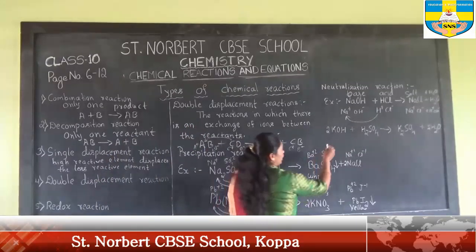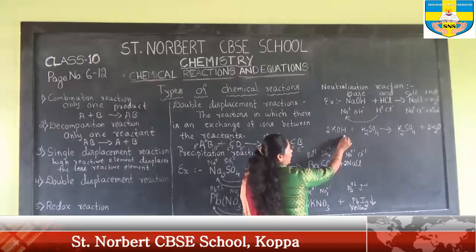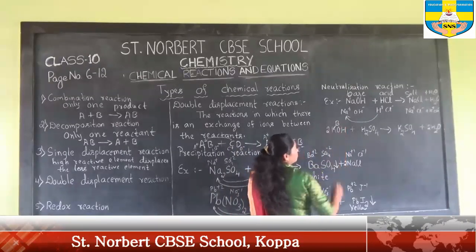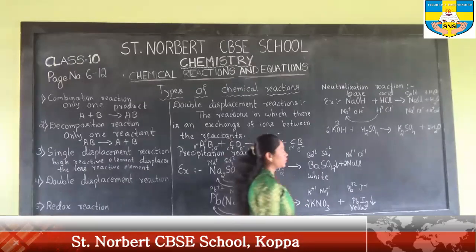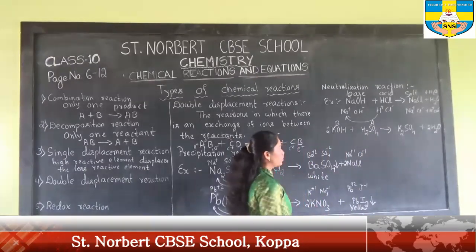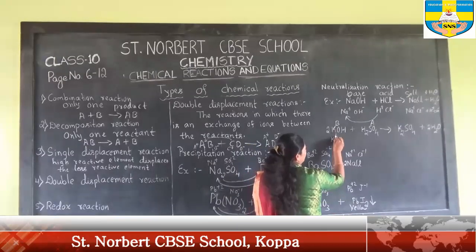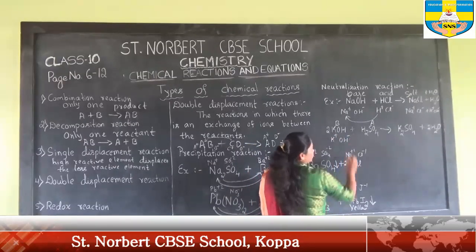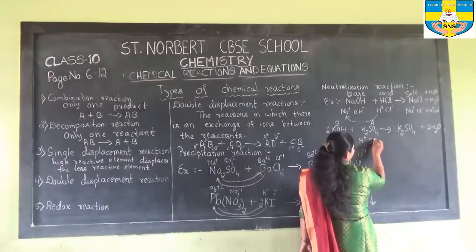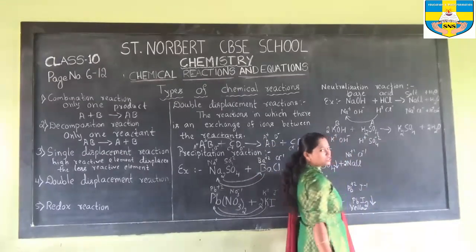So let us see one more example. Potassium hydroxide is a base and sulfuric acid is an acid. So what are the ions present? K plus, OH minus, and H plus, SO4 2 minus.